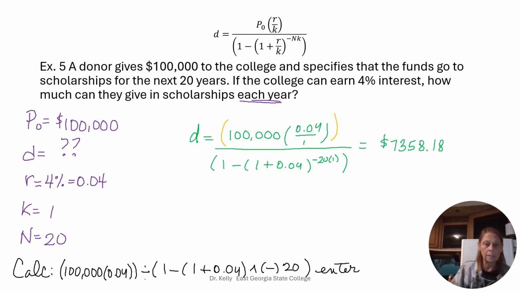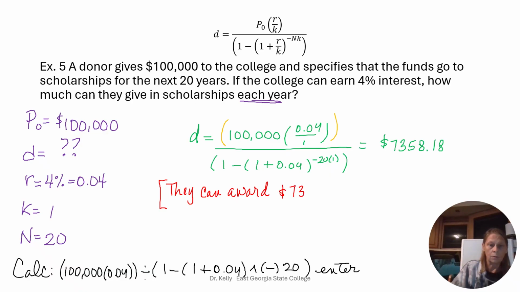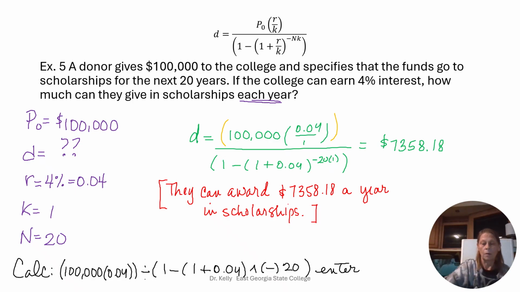And our sentence: they can award $7,358.18 a year in scholarships. All right.